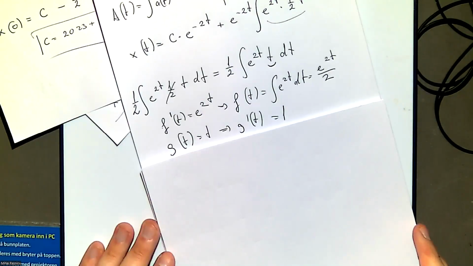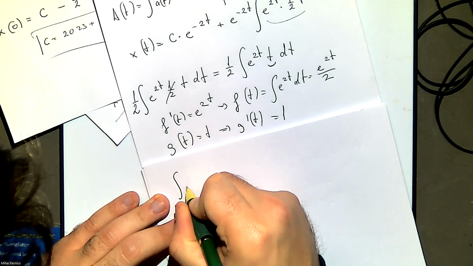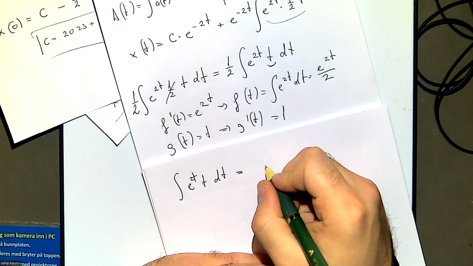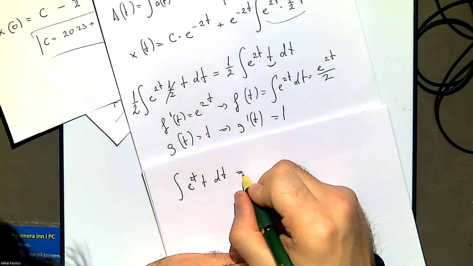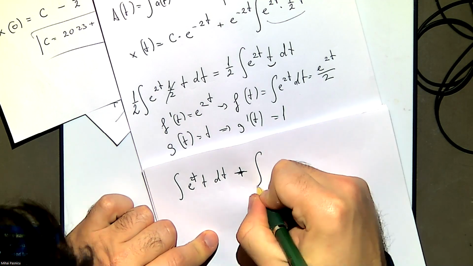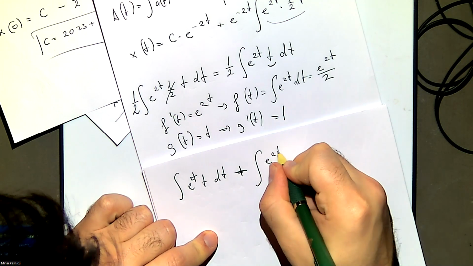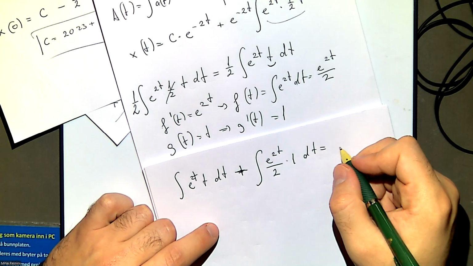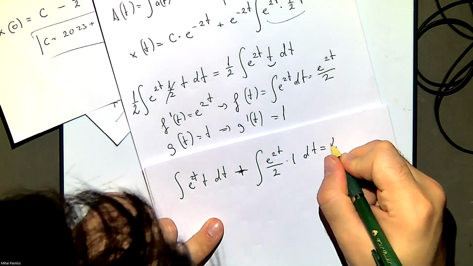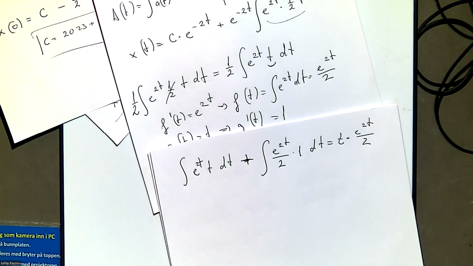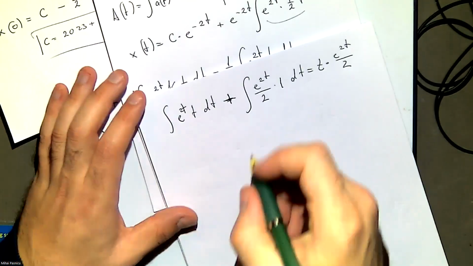Applying the by parts: the integral of e^(2t) times t dt is equal to, all right, let's do it with plus, plus the integral of e^(2t) over 2 times 1 dt, is equal to t times e^(2t) over 2. And I think we did it correctly, hopefully.